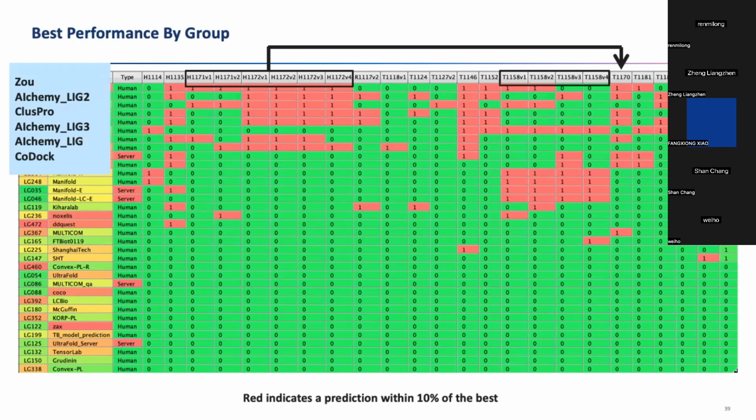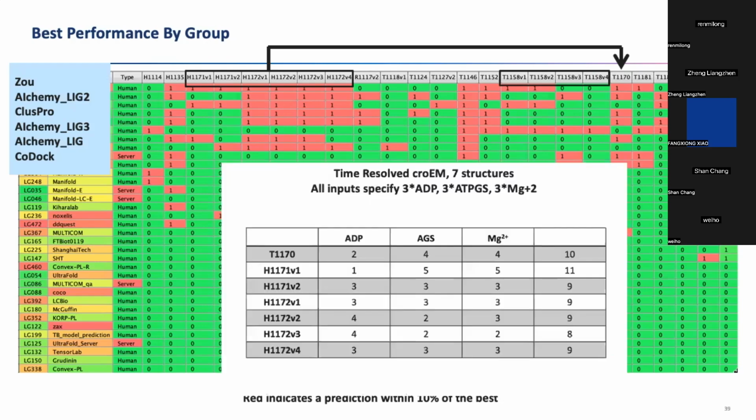I think there are a couple of other tricky bits and takeaways here in this data set. You'll look and you see blocks of predictions. You'll see this red block up here, and then you'll see another red block over there on the right. That's because we're looking at more or less the same structures. This block over here, H1171, H1172, T1170, are all the same structure.